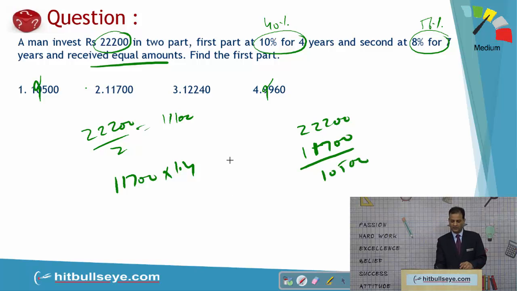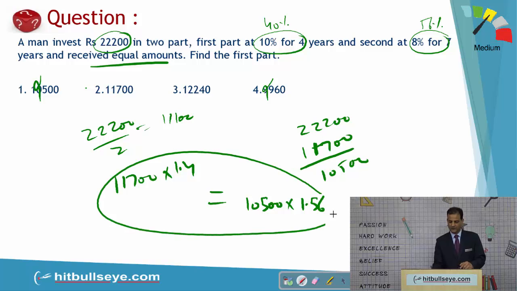And if you multiply 10,500 with 1.56, both parts will be the same. You can multiply. 14 into 7 is 98, and so on, it is 16380.